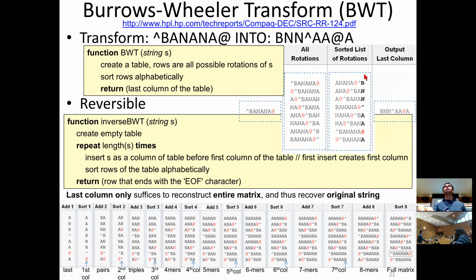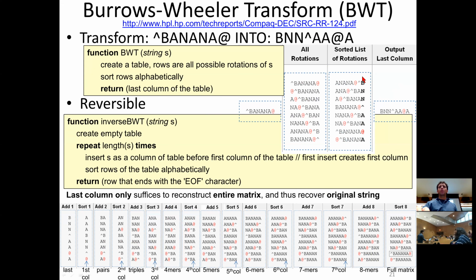Who can see this? Because of the rotational property, if I have the first column and the last column, I can just put the first column next to the last column, and I will have all pairs. Who's with me on this one? Raise your hands. Some shy hands.